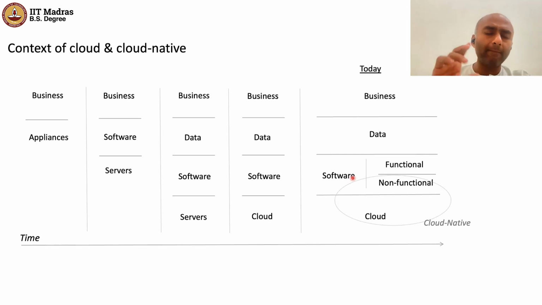So this ability to write software in a way that transforms the ability to execute across multiple different types of cloud created this paradigm of software called cloud native. Think of it as an architectural pattern which called for creating software with some very important properties.